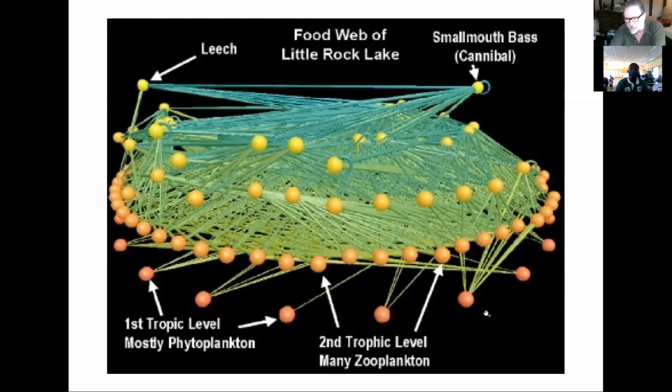So we've got our plankton at the bottom, being eaten by zooplankton. These are plants. These are little insecty things, and then those are being eaten by small fish, eaten by big fish, and then we've got the predators at the top. And this is just mapping the relationships between all of these elements in a system.